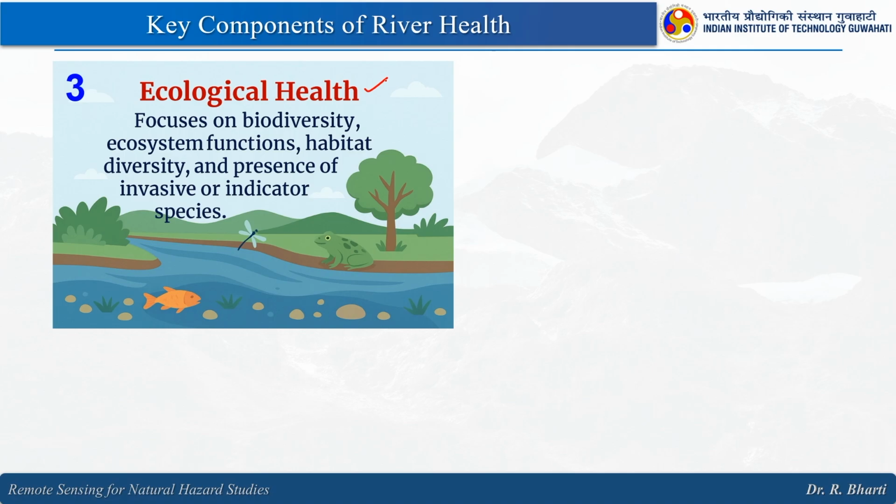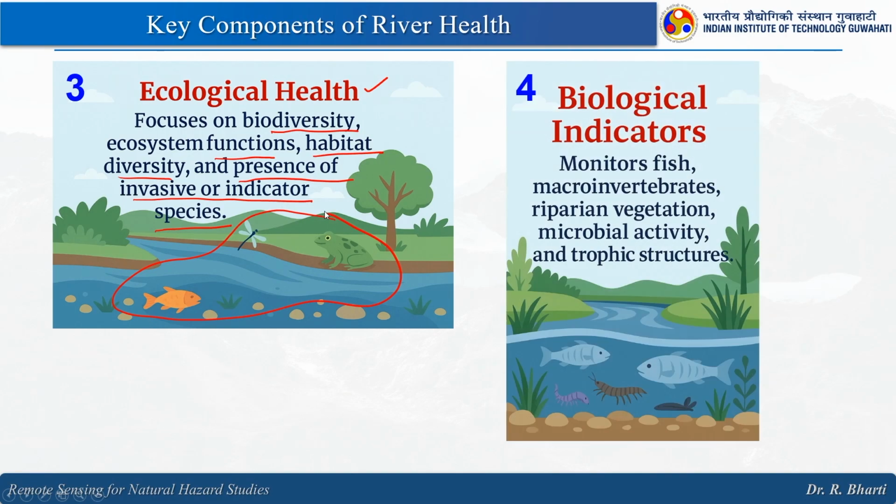Then comes the ecological health. It focuses on biodiversity, ecosystem function, habitat diversity and presence of invasive or indicator species. That helps to establish the ecosystem in a particular river system. Then comes the biological indicator.